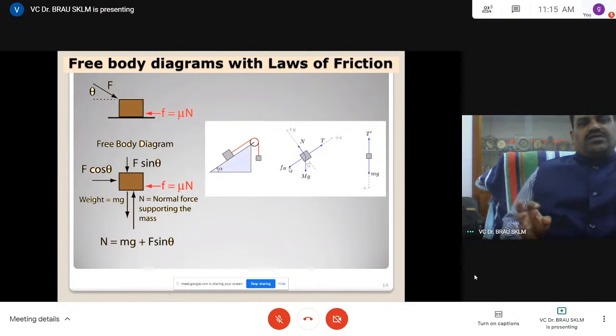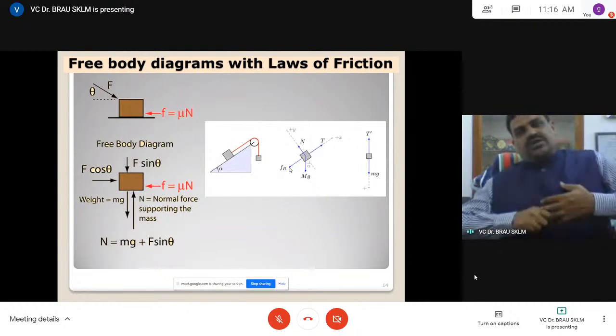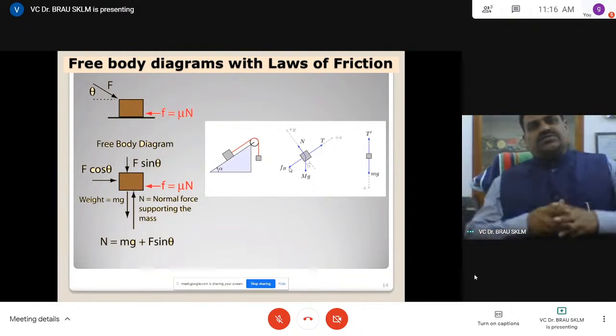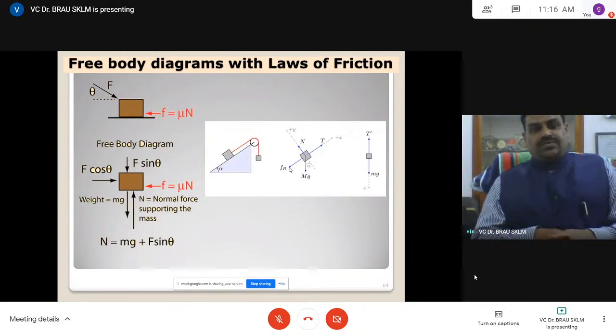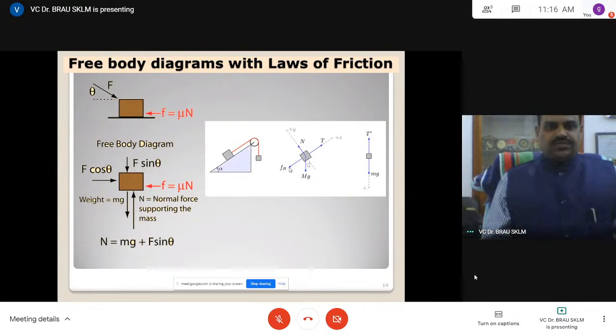That is simple. See, once your free body diagram is clear, this is how the GATE examination goes. Don't waste much of your time. Simply represent the free body diagram correctly. Once the free body diagram is correct, there is no question of making any mistakes. Only the latter part is writing equations and substituting data. The only thing is, when you are drawing a free body diagram, you try to represent what are the active forces and what are the reactive forces. That is the only thing we have to do.